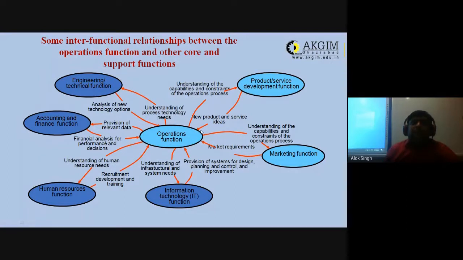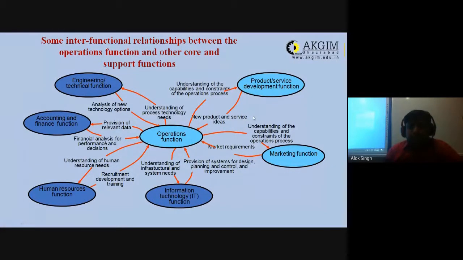So new product or service idea, new process or technology idea will be delivered by product or service development functions to this operations function. As I have told earlier, in some organizations, the design department is a part of operations function, and in some organizations, the design department is separate from operations function. So if they are an integral part of operations function, they can easily know what the capability and constraint of operations function are.